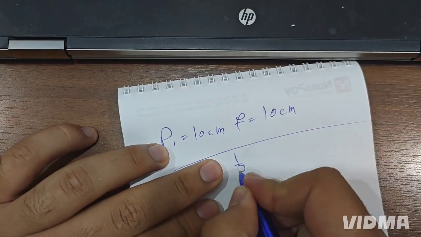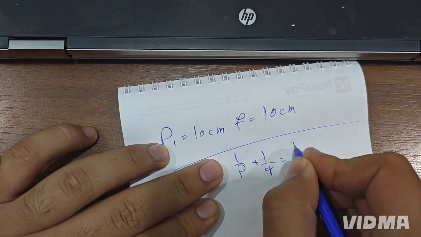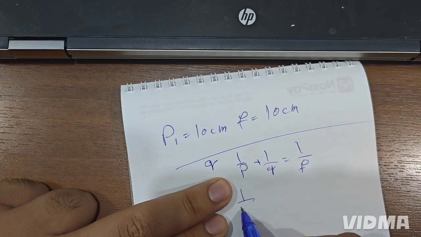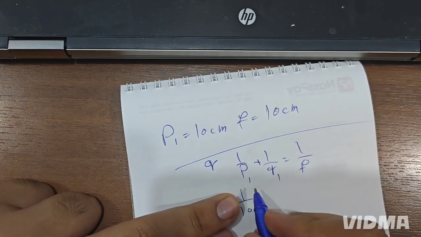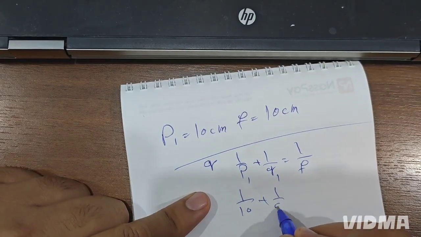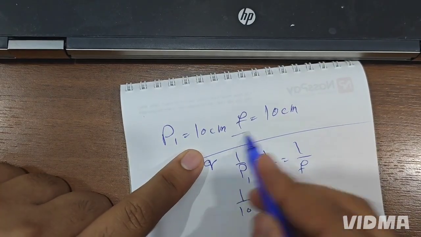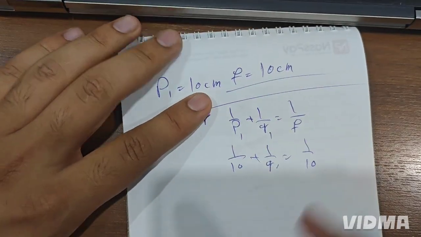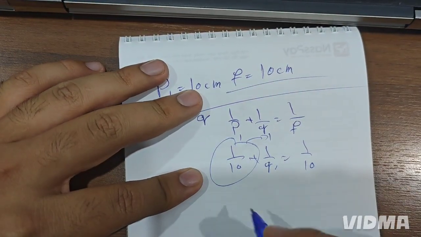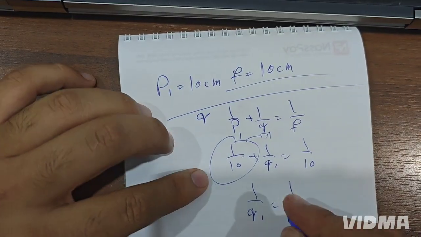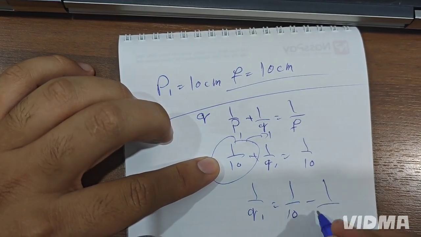1 over P plus 1 over Q equal to 1 over F. So we have P1 equal to 10, so 1 over 10 plus 1 over Q1, we want to find the value of Q1, equal to the focal length 10 again, 1 over 10. How can we find the value of Q? Take this fraction to the right side: 1 over Q1 equal to 1 over 10 minus 1 over 10.